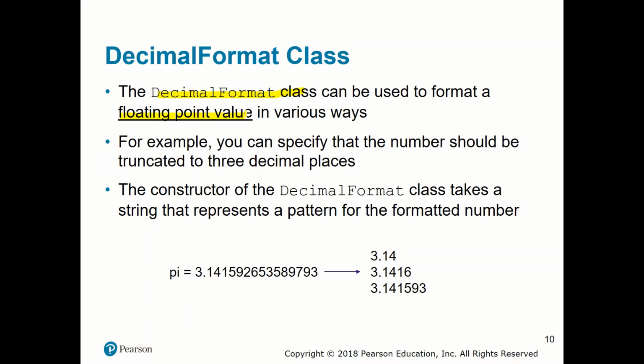For example, if you want to print the value of pi, actually pi is a very long, infinite number. Using the DecimalFormat class, you can print out this pi value like this, or like this.